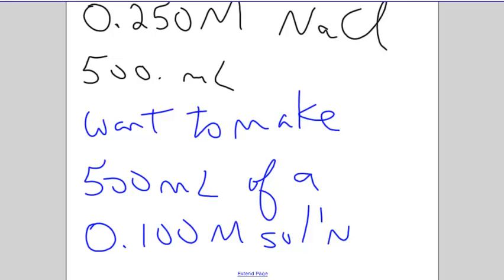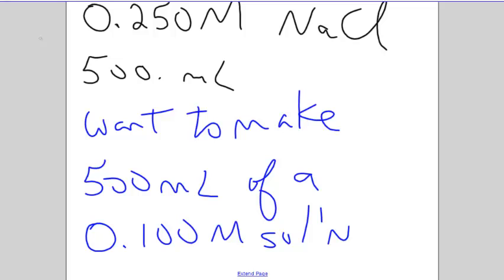But the only thing I've got to work with is this solution. So once again, I cannot go over to a balance and mass out some grams. I don't have solid stuff. I have liquid. I have a solution.